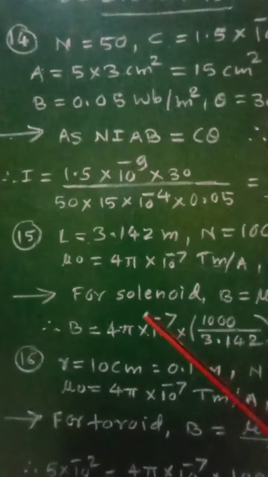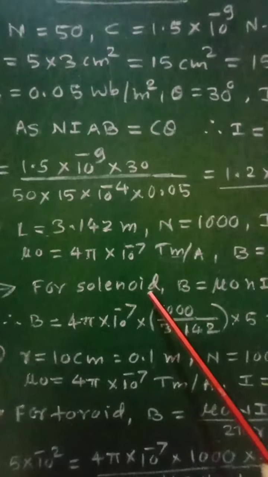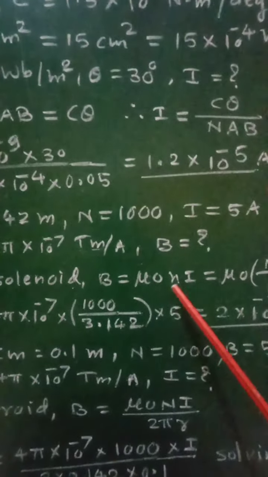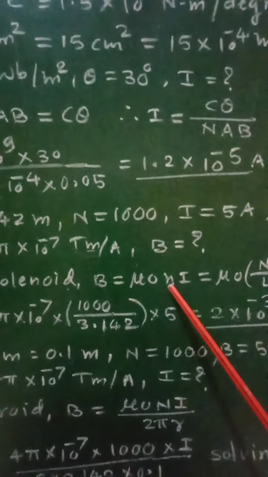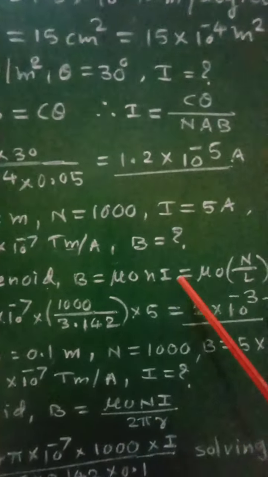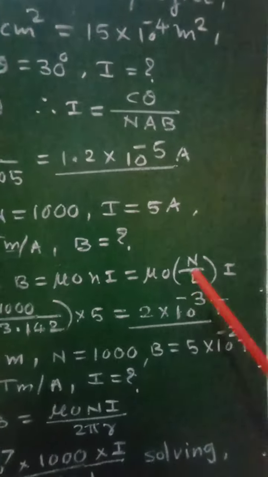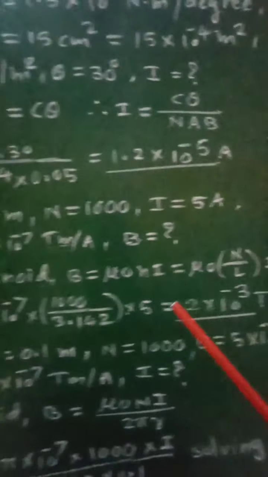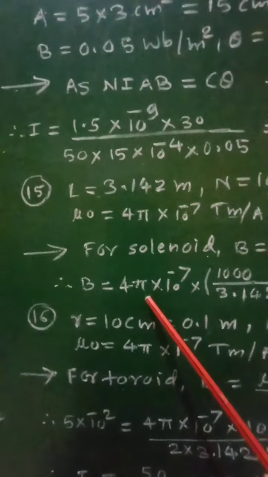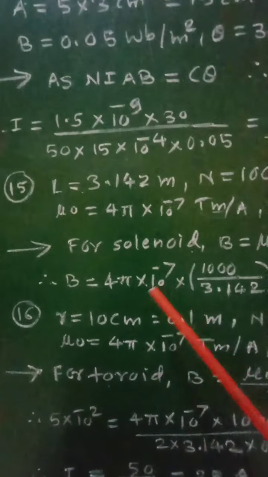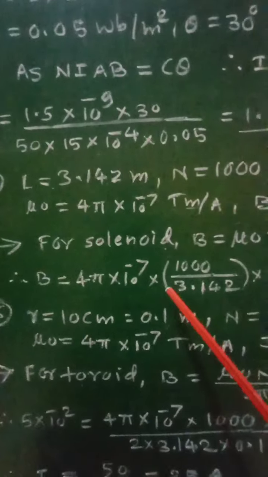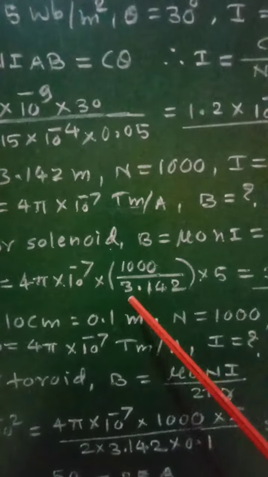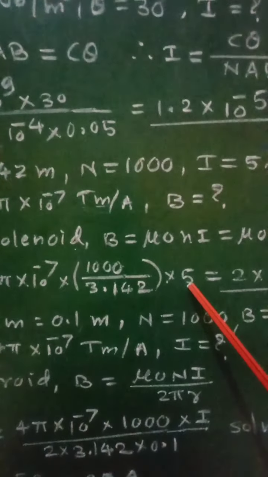And therefore, for a solenoid, the magnetic field at its center along the axis is given by the formula B equal to mu 0 n i, where this n represents number of turns per unit length, so that it will be written as mu 0 into N by L into I. Therefore B will be equal to 4 pi into 10 raised to minus 7 into 1000 upon 3.142 into 5.